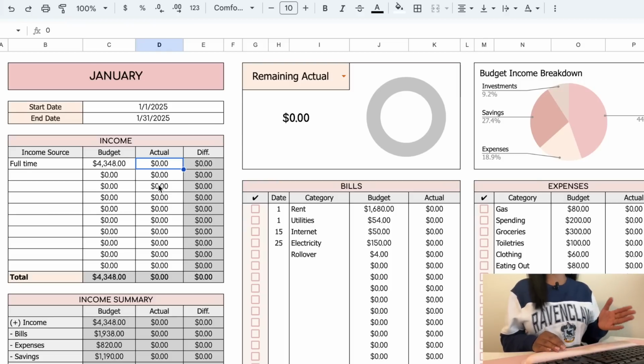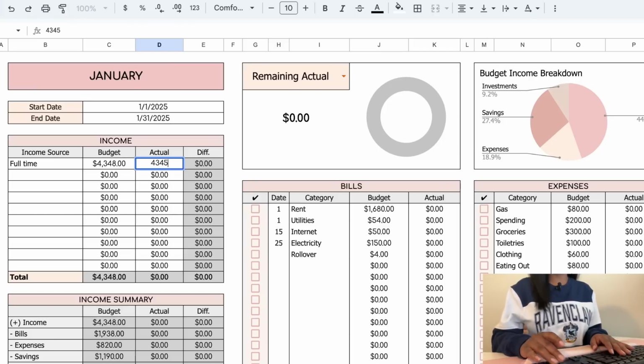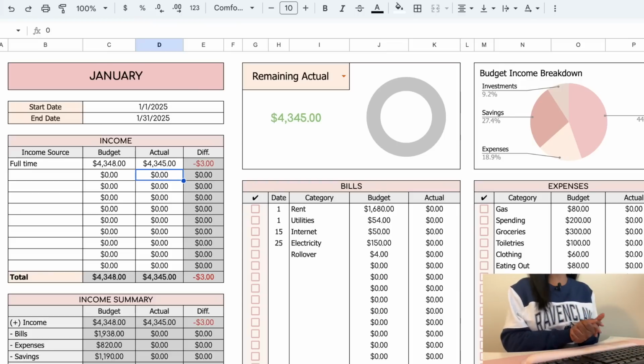So obviously that means now less money is being taken out of my paycheck, and I'm just trying to get into the habit of steadily increasing that until I'm comfortable. But all that to say that for the month of January, I was able to bring in $4,345. So it's only a $3 difference once everything was said and done.